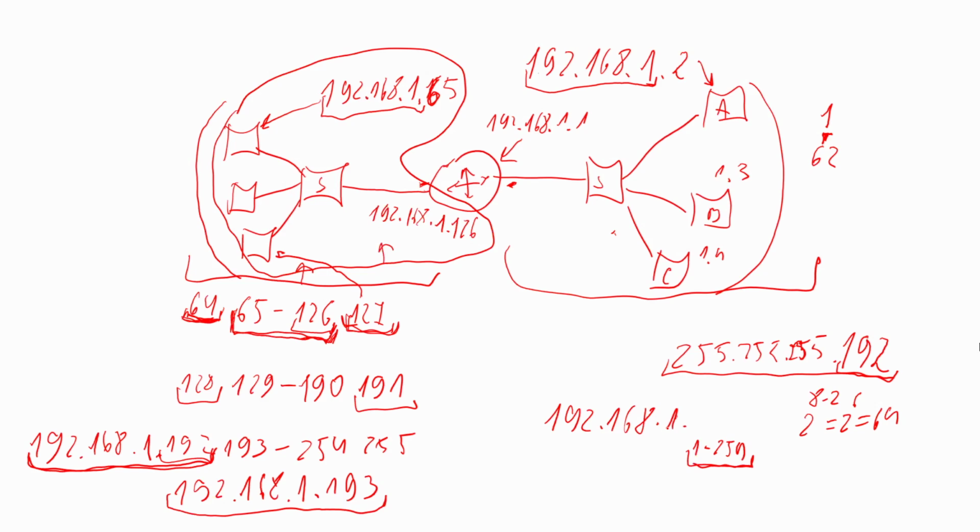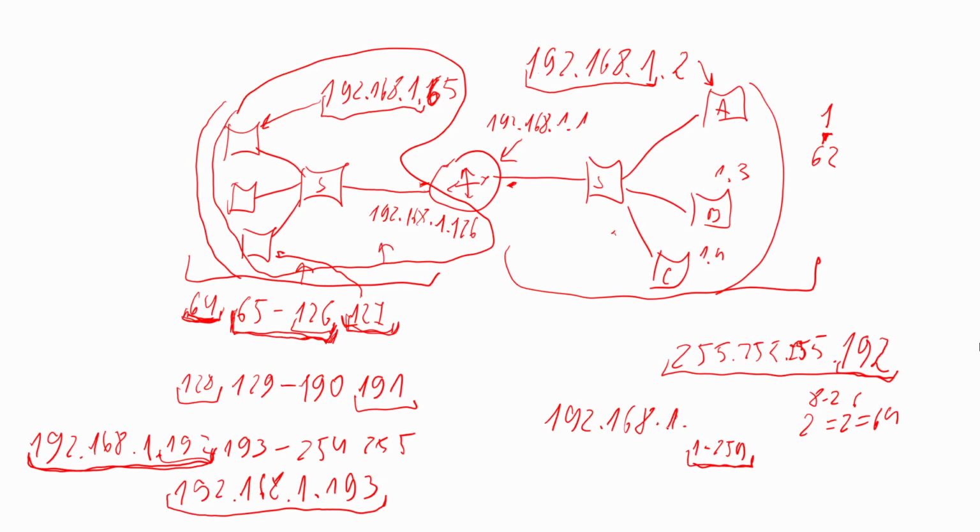But usually in one network we do not have 200 computers. It's a very big network. Usually we have fewer computers in the network, and we want to separate this network. For example, the IT department has 20 computers, and the accounting department has maybe 10 computers, and we want to separate these two networks, so we can use subnetting and divide this network.